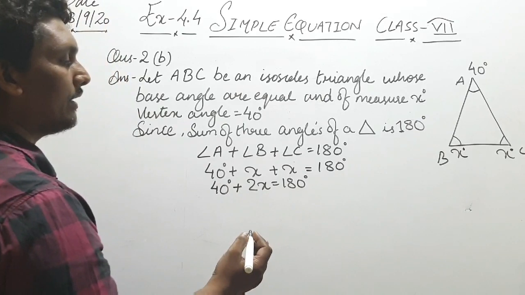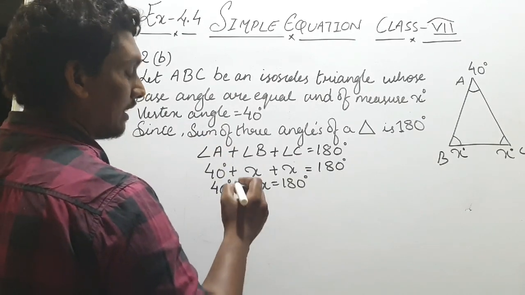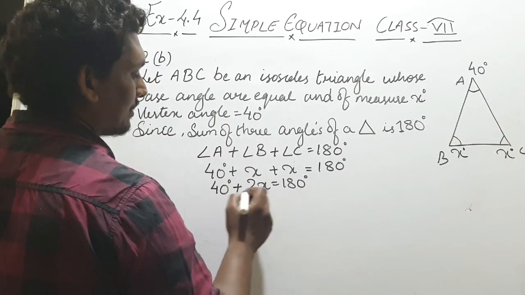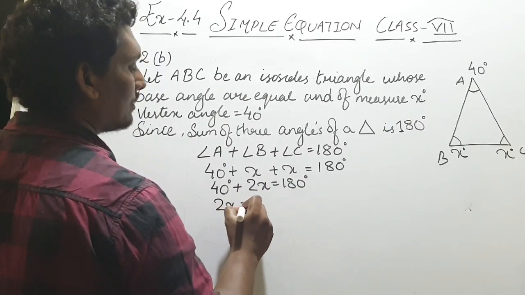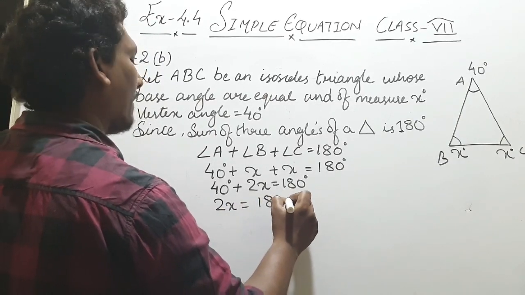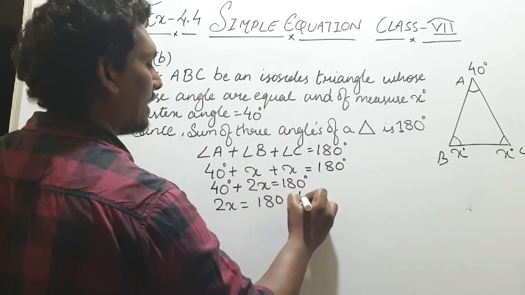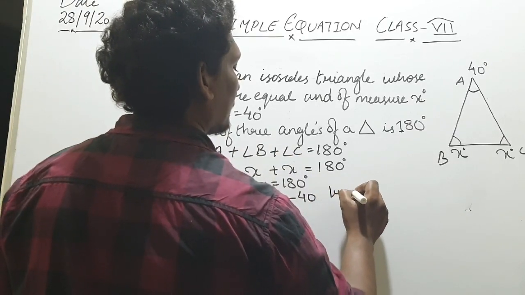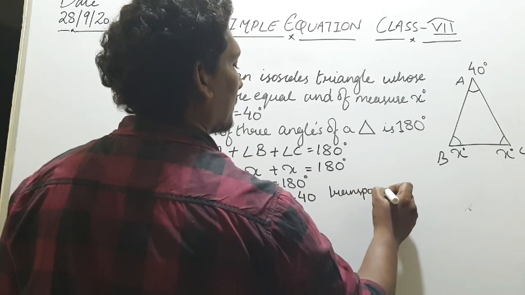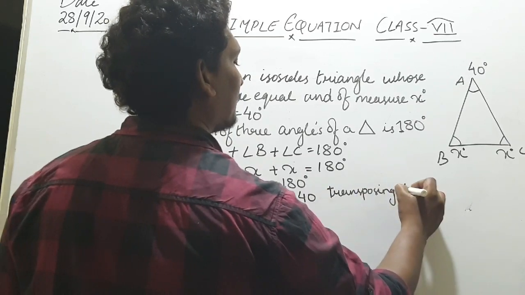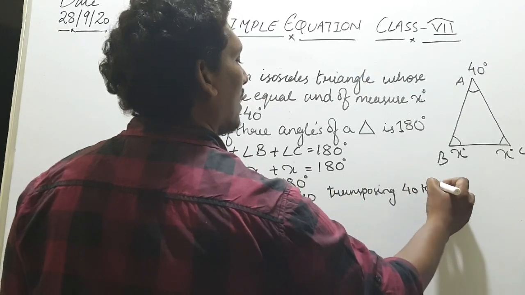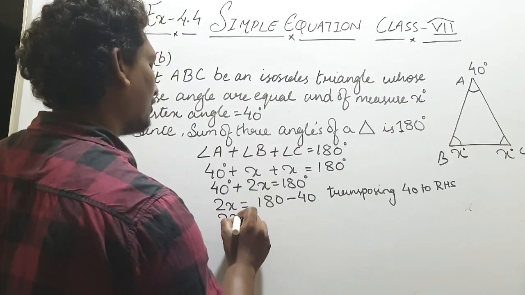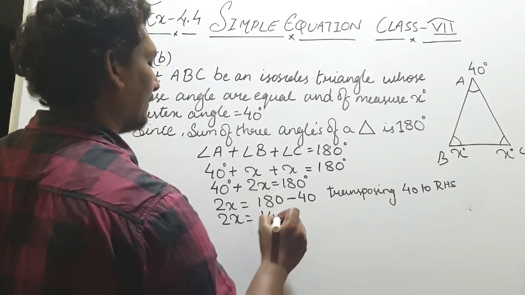Okay. Now we are going to find the angles, find the x degree, right? How much it is. So 2x is equal to 180, this plus 40, when you shift, it will become minus, right? So transposing 40 to the RHS here, 2x is equal to 140, right?